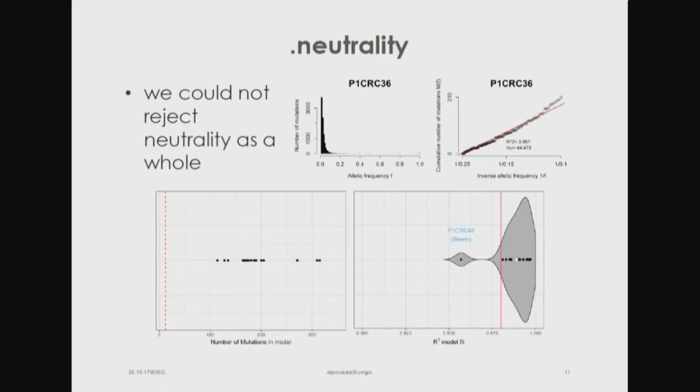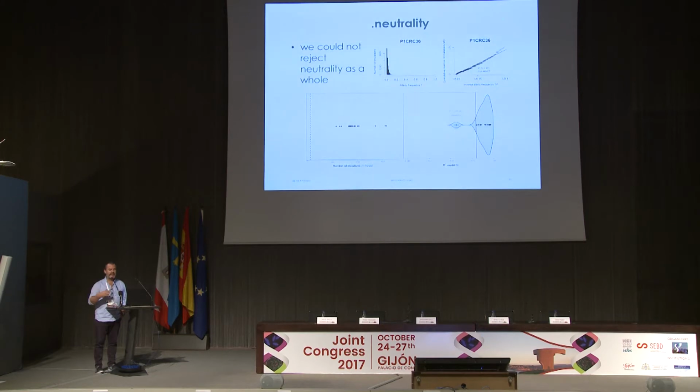Basically, we can derive the expectation from what is called the site frequency spectrum. The site frequency spectrum is the proportion of mutations at a given frequency. So it's this plot. You can have mutations with a frequency of 0.1, 0.2, 0.3, and then you plot how many you see at that frequency. This is a plot that we use a lot in population genetics, okay?